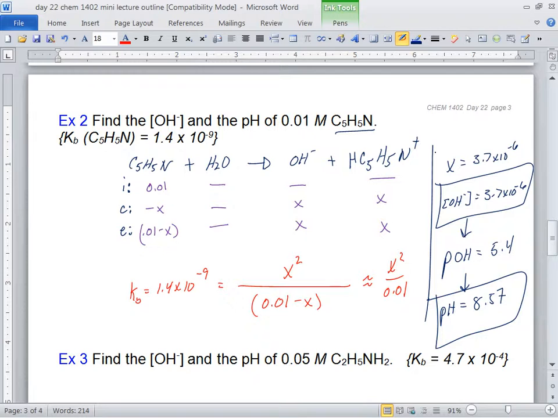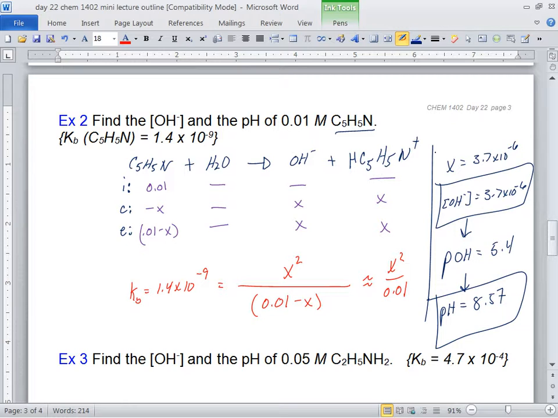Try it with this EX3. If you didn't get this one, let me help you out. Is that the part where you get the OH, then you get pH? So you take the log of this. There's two ways to do this. If you know this is hydroxide, you can put it into 1 times 10 negative 14 equals hydrogen ion times hydroxide and solve for hydrogen ion, then take the log of that.